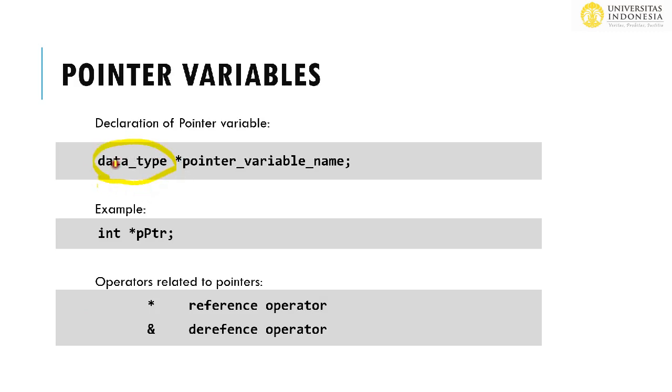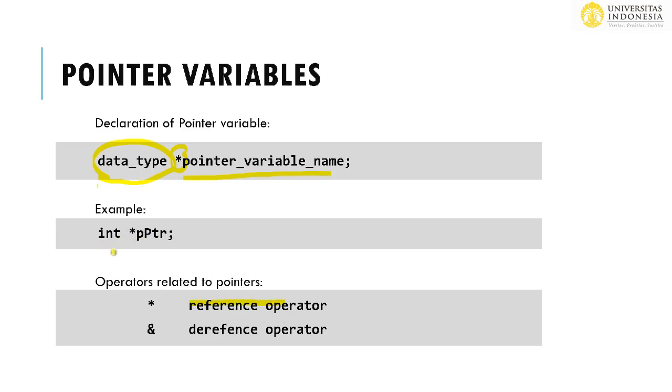You write down the data type and the pointer variable name, but the name should be preceded by the indirection operator, in this case the asterisk sign. Since pointers are variables whose values are memory addresses, it is very important not to forget that every pointer should be preceded by the asterisk sign, or reference operator, or indirection.